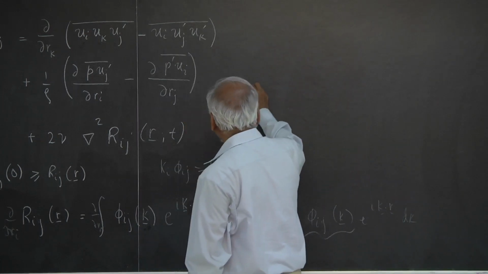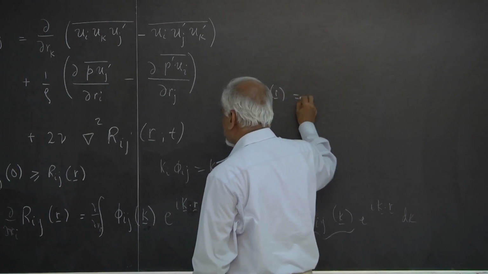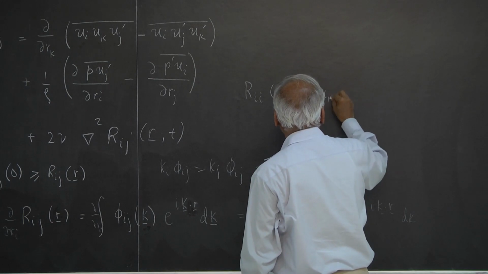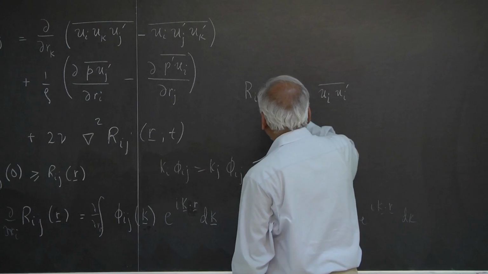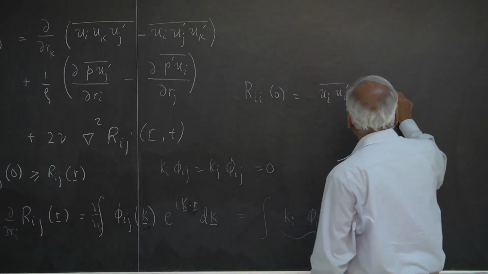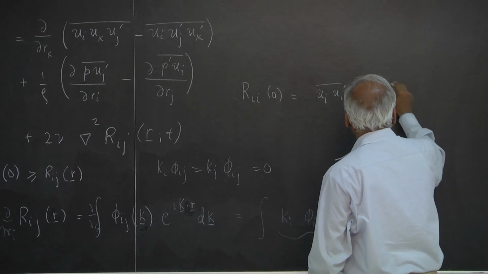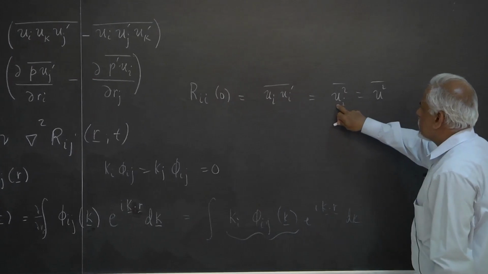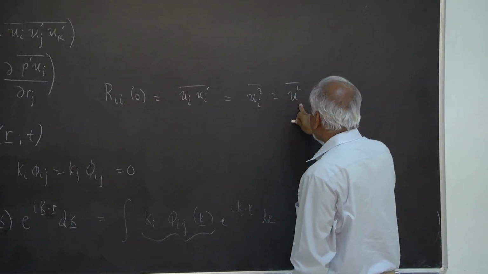One other thing is, if you put i equal to j, say Rii of r, what is this? This is ui ui prime, and if you put r equal to 0 in particular, this is simply equal to ui squared, which is the same as u squared, because this is u1 squared plus u2 squared plus u3 squared. This is the square of the entire thing.